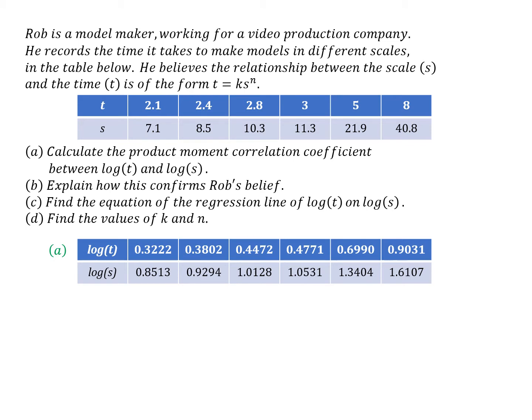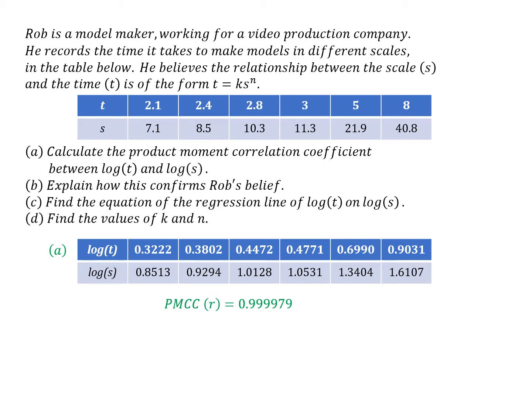Now when we pop those values into the statistics module in the calculator, I'm sure there's one whether you're using a graphical calculator or a standard non-graphical calculator, you can pop those data in to your calculator and get the figure for R, which is very, very close to 1, remarkably close.